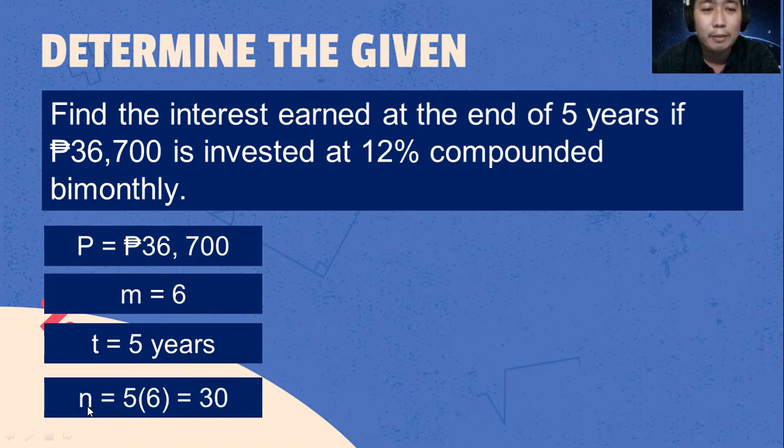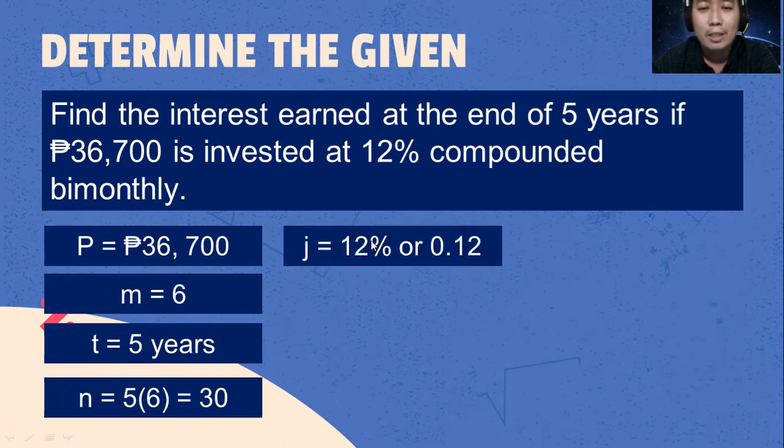Then we have n. How do we solve the value for n? That is time multiplied by the number of conversions per year. Since it is bi-monthly, 5 years multiplied by 6 is 30. The value for n is t times m, that is 5 times 6 is equal to 30. j is 12% or 0.12, since it is 12% compounded bi-monthly.